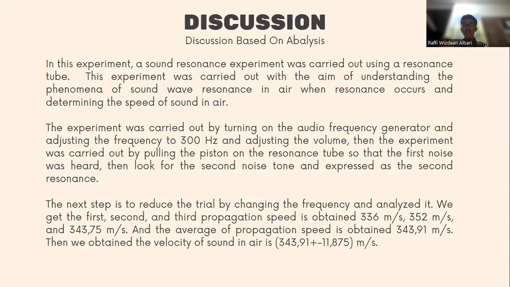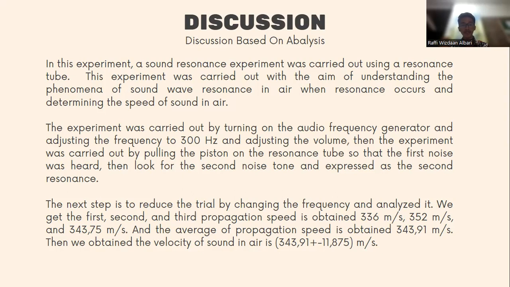Okay, the discussions. In this experiment, a sound resonance experiment was carried out using a resonance tube. The aim was to understand the phenomenon of sound wave resonance in air and to determine the speed of sound in air. The experiment was carried out by turning on the audio frequency generator, adjusting the frequency to 300 Hz and adjusting the volume.